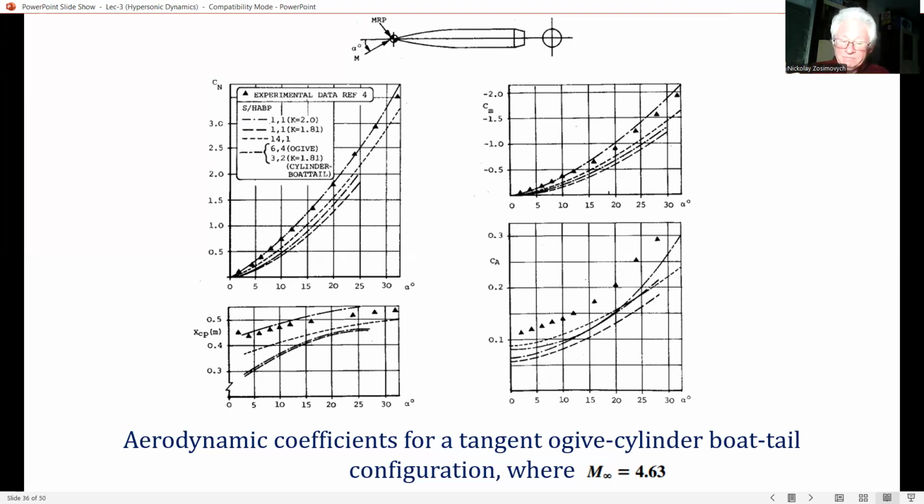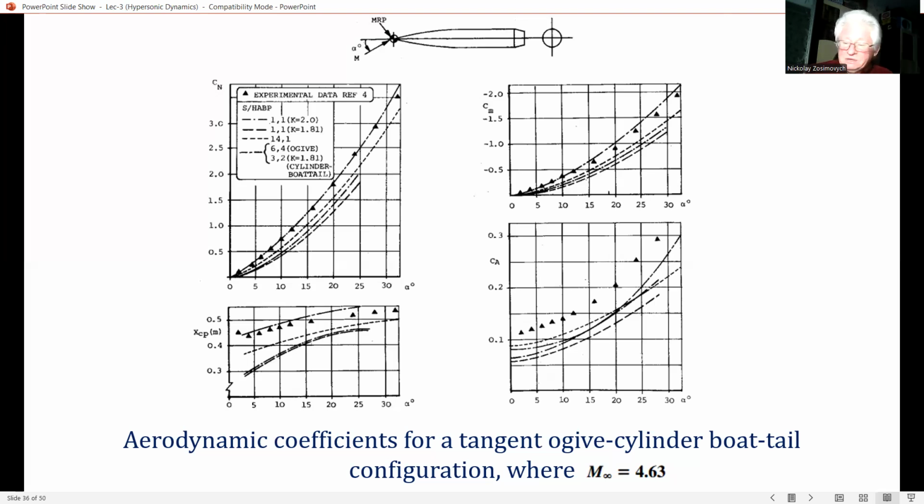And the curve labeled for k equal 1.81 is the same method, except with a different value of k. So we may write here Cp equals 1.81 sine squared theta.